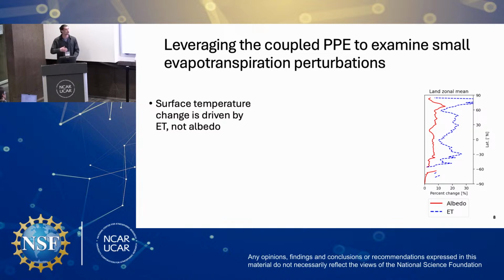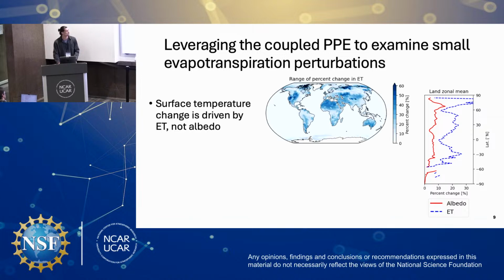On the right-hand side, I'm showing the zonal mean over land of the percent change, the spread for the PPE, where the red line is albedo change and the blue dashed line is ET change. You can see that the ET change is significantly greater than albedo.